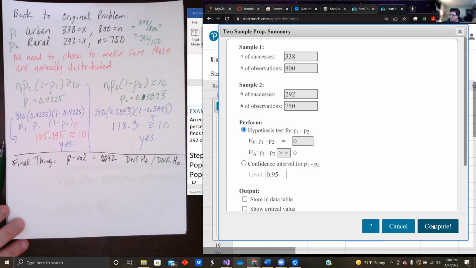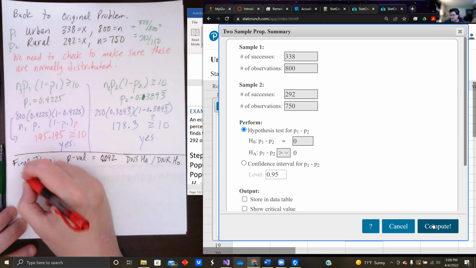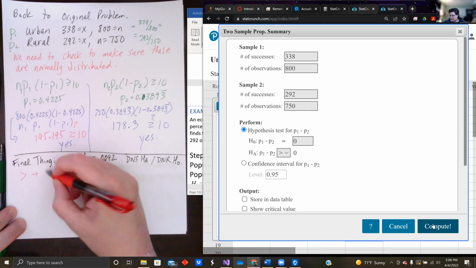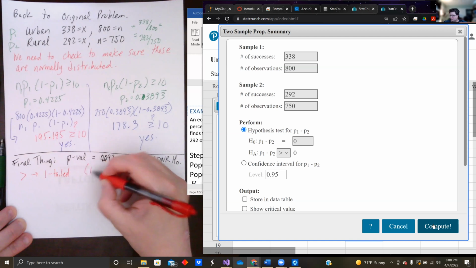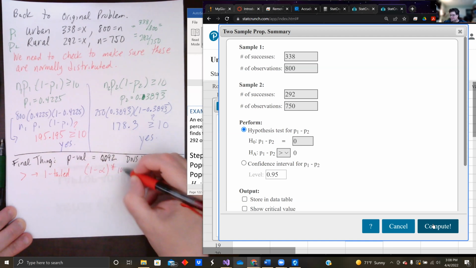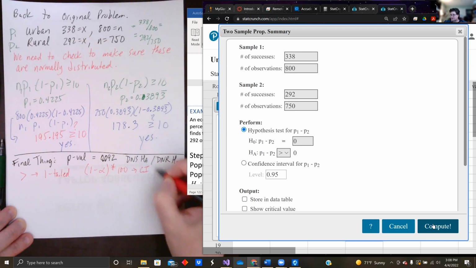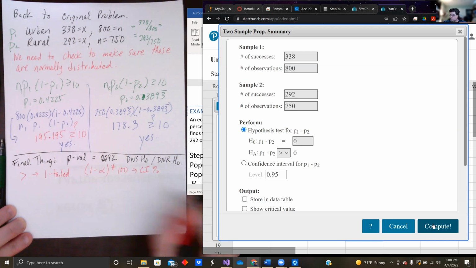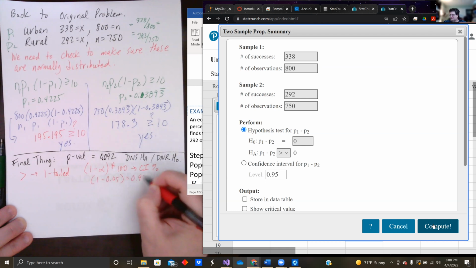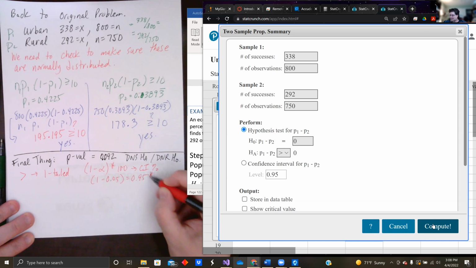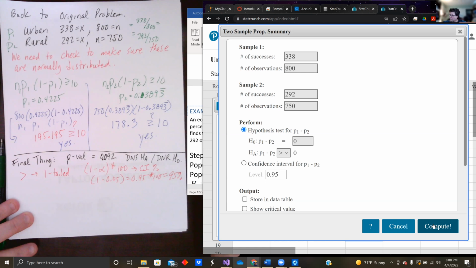Okay, so when we have a greater than sign here, that tells me this is a one-tailed test, which means 1 minus alpha times 100 gives me my confidence interval percentage. 1 minus 0.05 is 0.95. I multiply by 100 and I get 95%. So I'm comparing this to a 95% confidence interval.